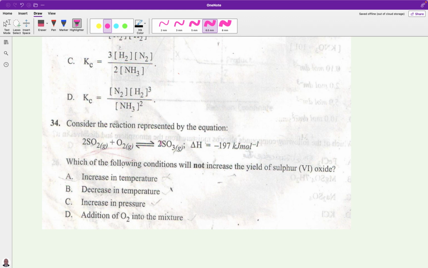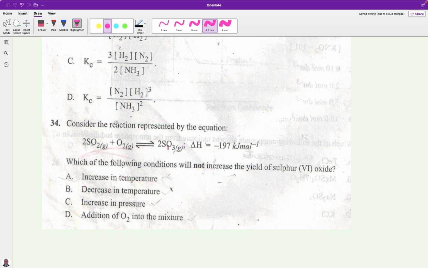So if the pressure is increased here, there are 2 moles on the right hand side and 3 moles on the left. The equilibrium will shift to the side with fewer moles, so it is going to shift to the right, therefore increasing SO3 production. So no.